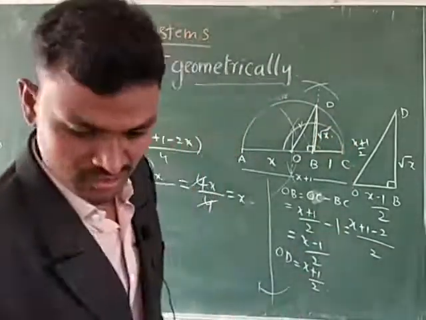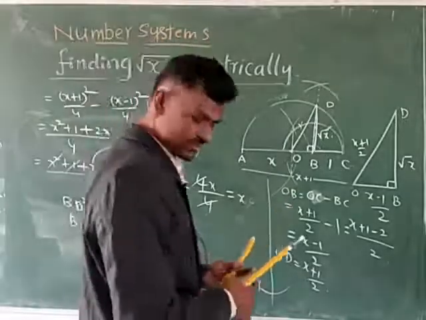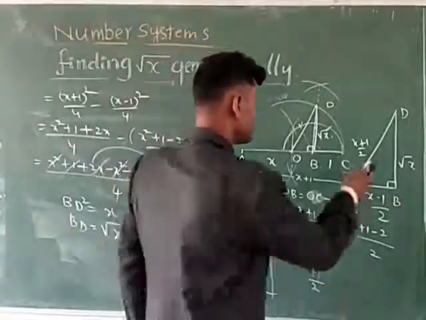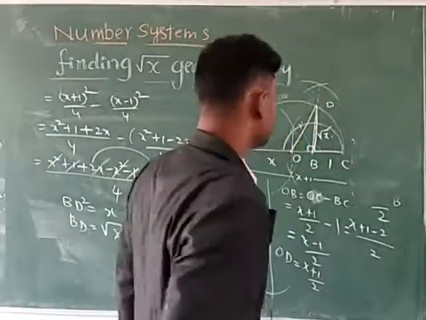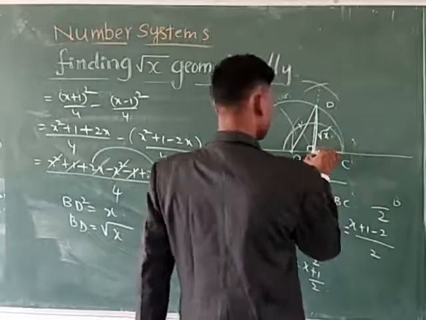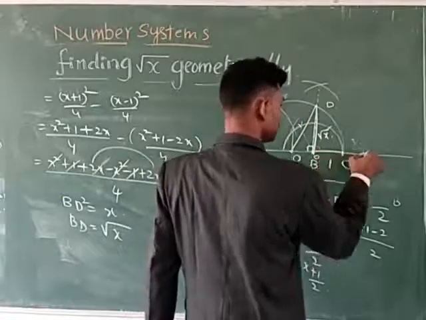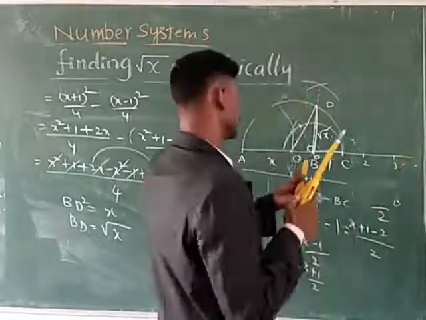Now we have to represent geometrically root x on the number line. Now see, I will drop this one. This line you can extend, no problem. This is origin, this is 0. This is 1, this is 2, these are 3. Now this radius you have to take.